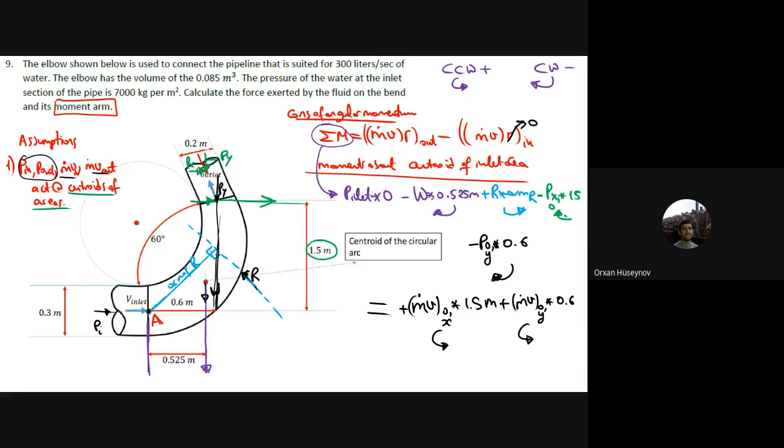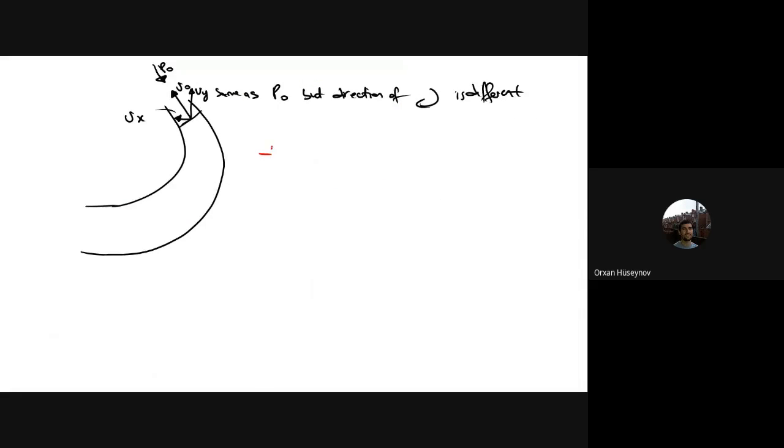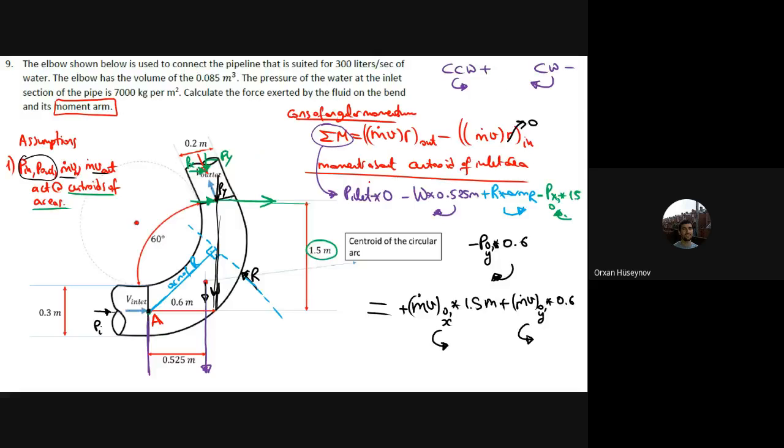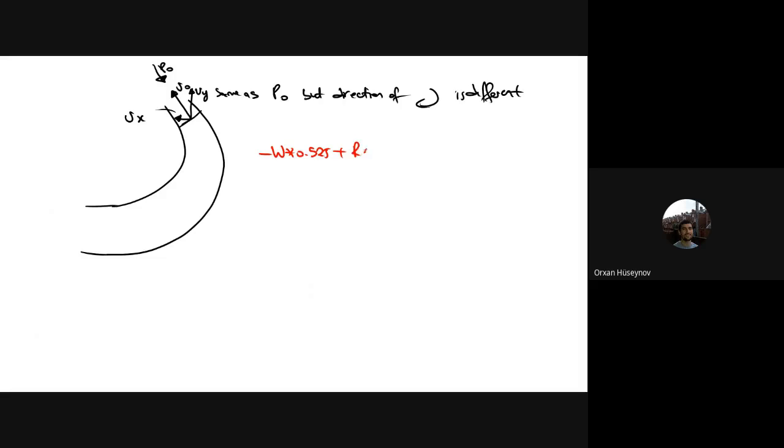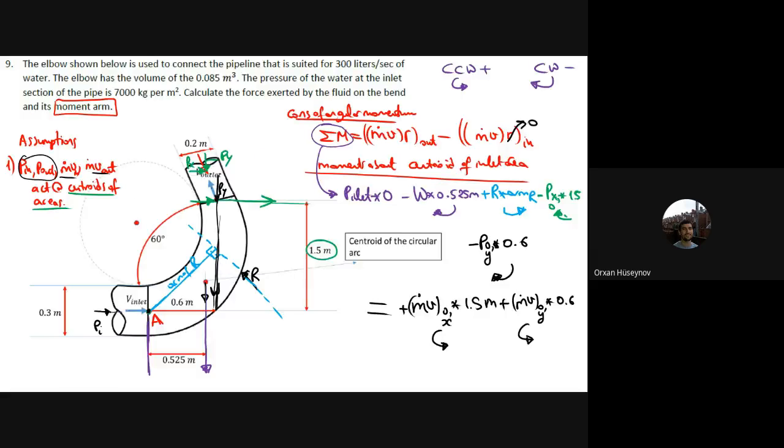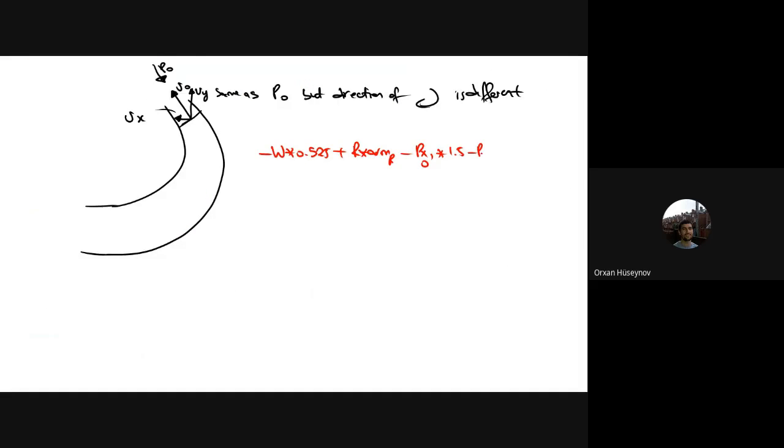So you will have the negative W here multiplied with 0.5 meters, then plus the R value multiplied with its arm, then minus the px at outlet multiplied with 1.5 meters, and then py at outlet multiplied with 0.6 meters.